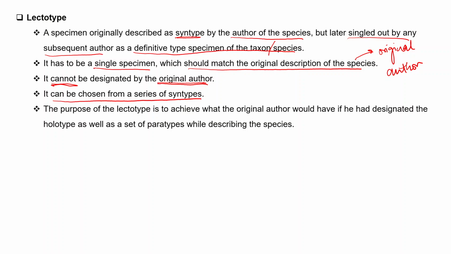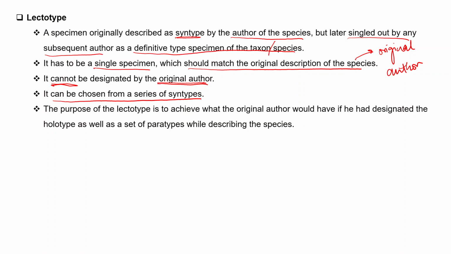Now, what is the purpose of designating a lectotype? I mean, there is a holotype, syntype, paratype, but why lectotype? Imagine that an author was describing a species, and designated a holotype as well as a set of paratypes or syntypes. But that author was not aware of many modern or progressive taxonomic concepts. Had he known about those new features or concepts of taxonomy, he would have chosen a better specimen.